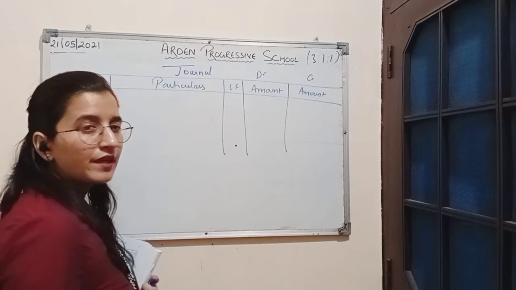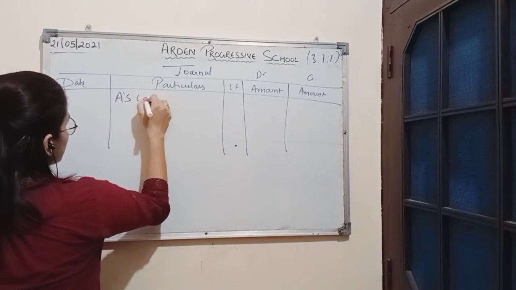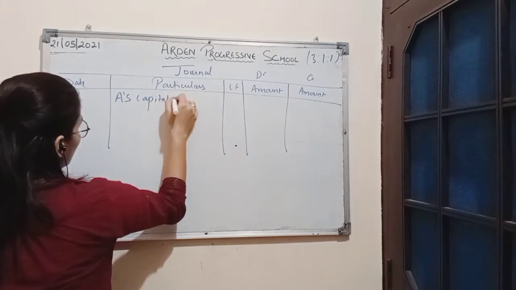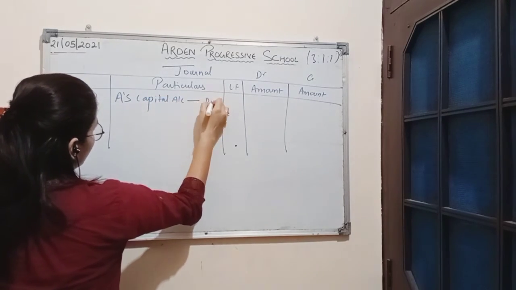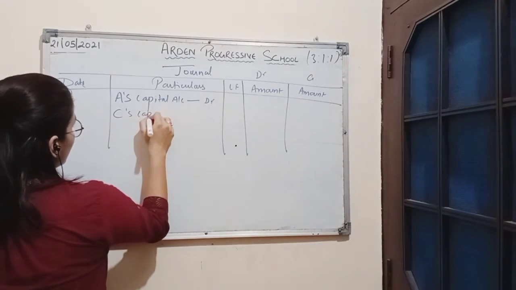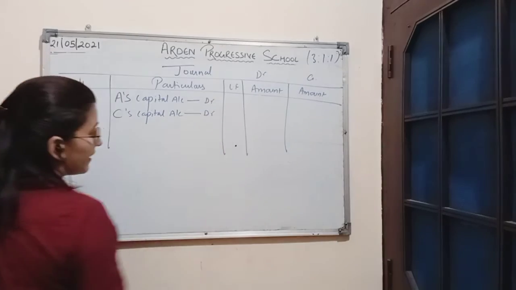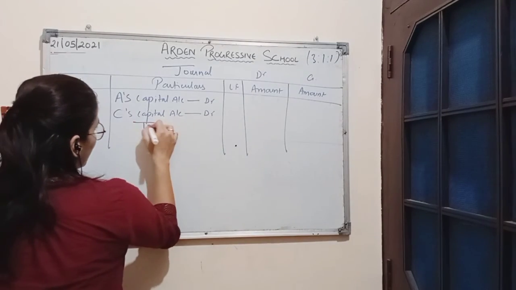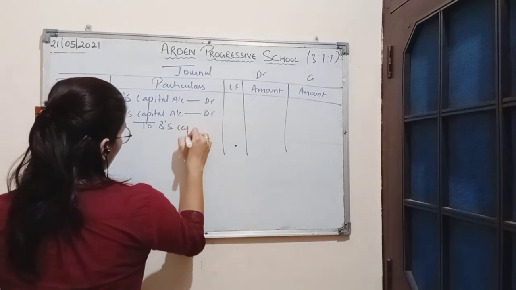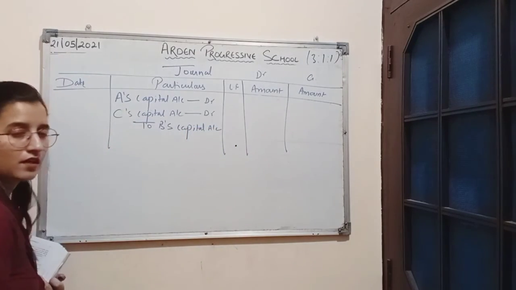As we know, A was having a debit balance, so we will debit A's capital account, and C was also having a debit balance, so C's account will also be debited, to B's capital account.